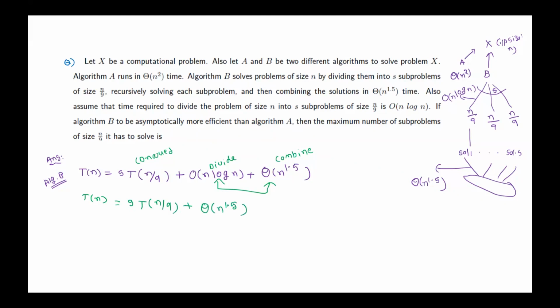Is that okay? Now the question is, for algorithm B to be asymptotically more efficient than algorithm A. Algorithm A, they have given somewhere, is n squared time. B is more efficient than A means what?